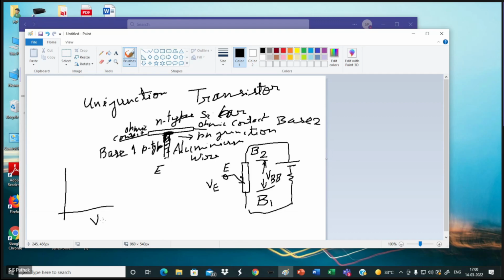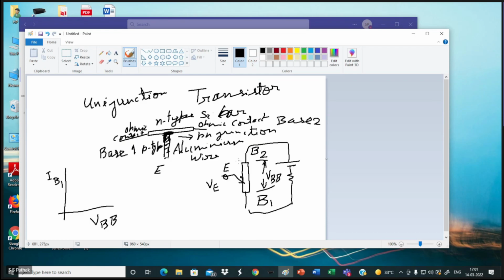This is my VBB, and this one will be my VBB and current IB1.